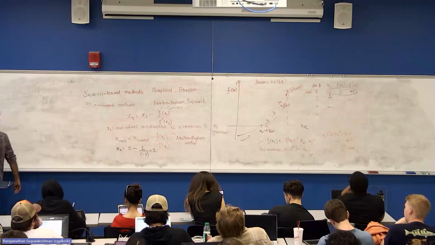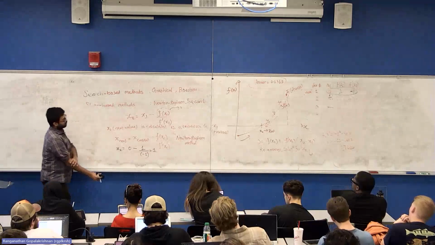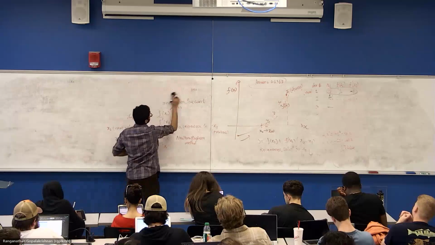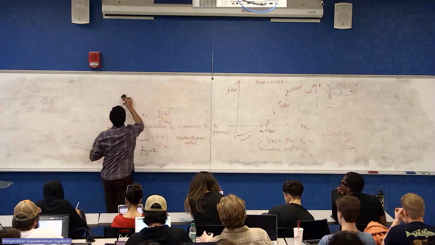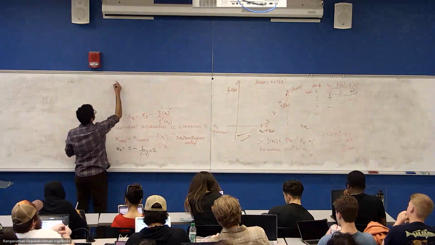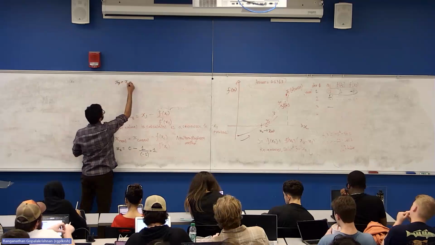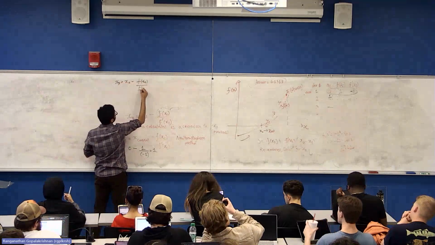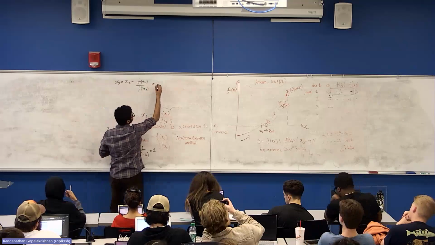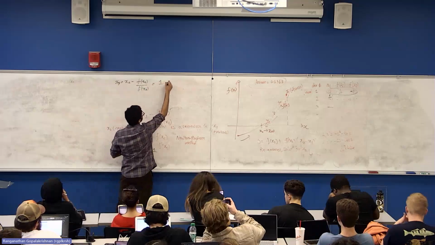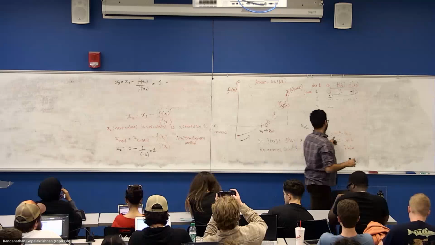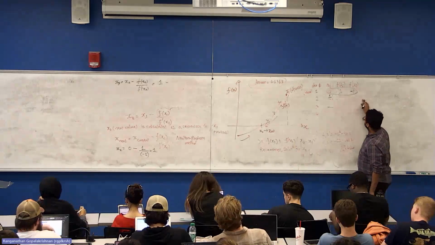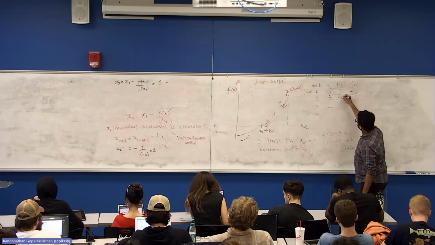Let's compute x3. x3 is x2 minus the value of the function at x2 divided by f dash at x2. What is x2? 1. What is f of x2? 0.8415, 4 decimal points.